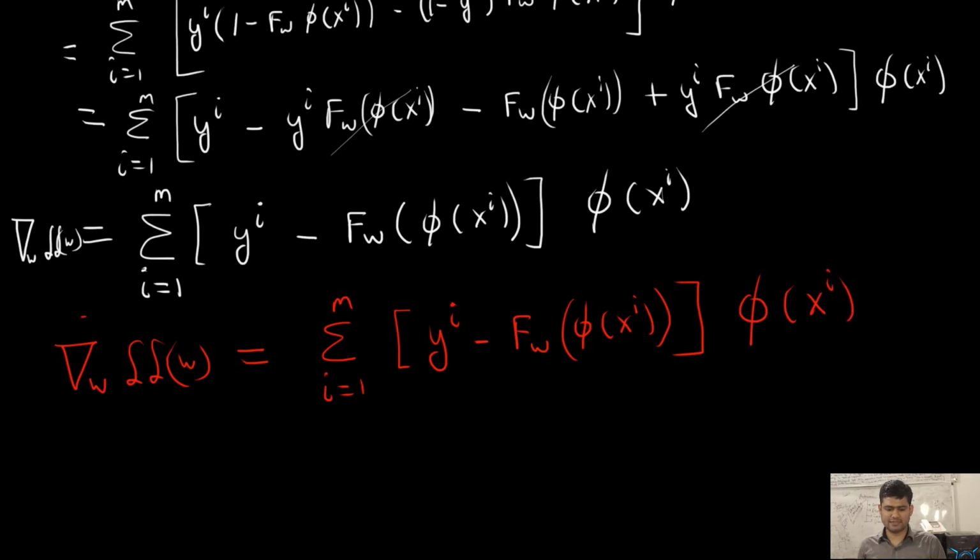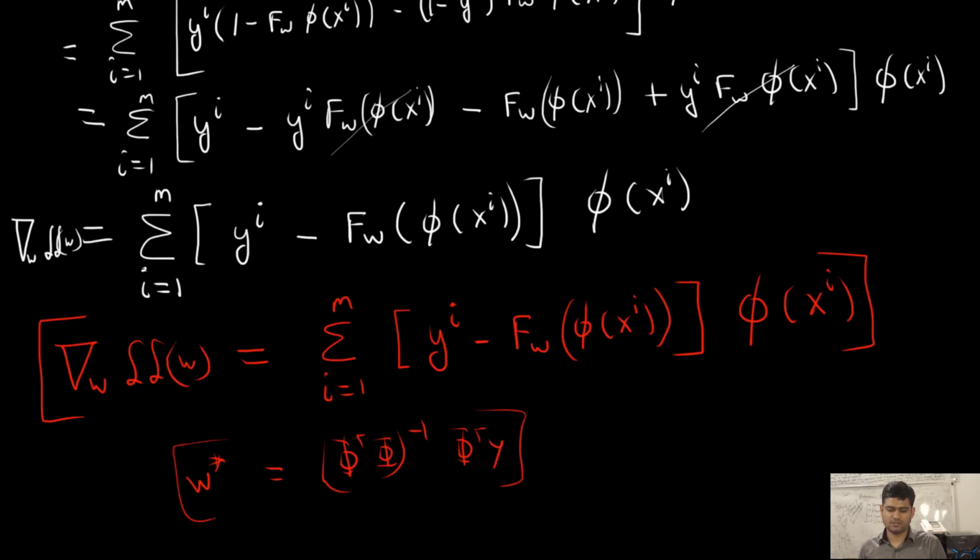So this is the gradient of the function. Like in least squares, where we directly set this gradient to 0 and obtained a closed form solution for the parameters w, which was very simple: in linear regression we got the solution as phi transpose phi inverse times phi transpose y.